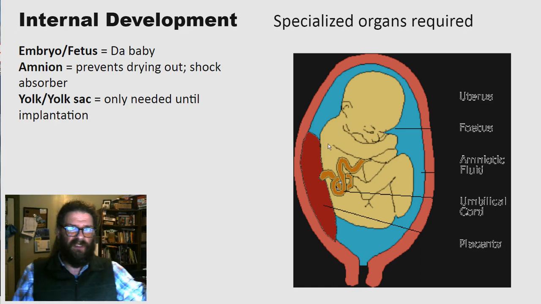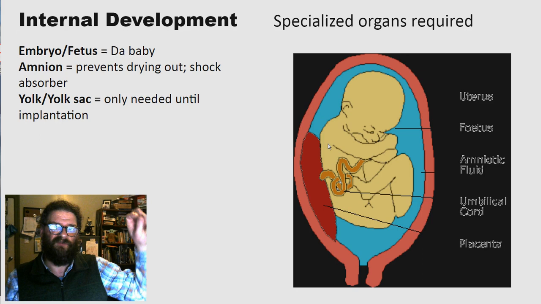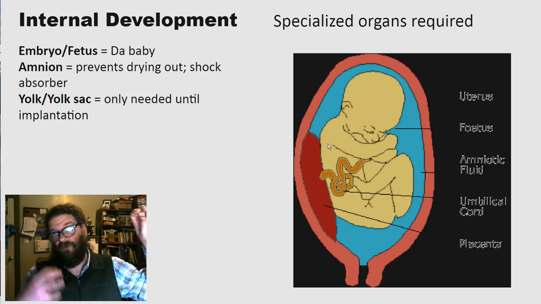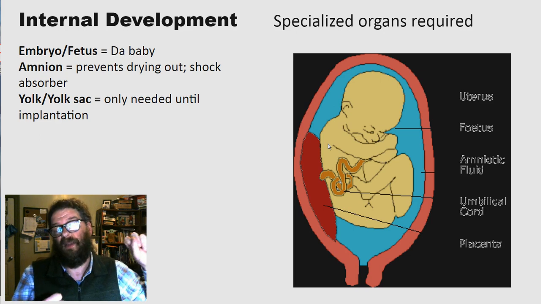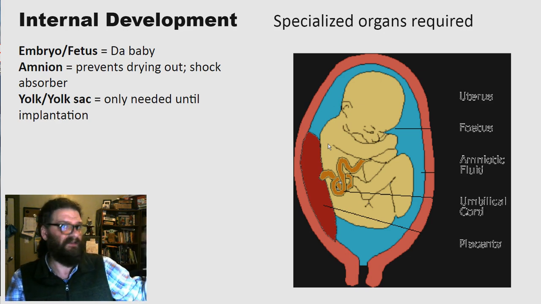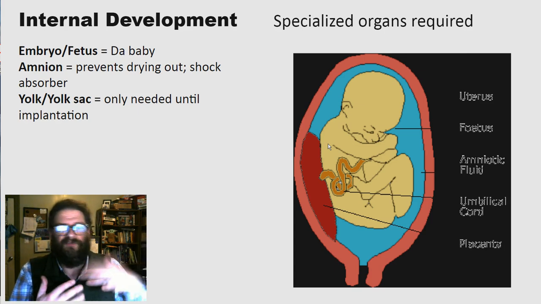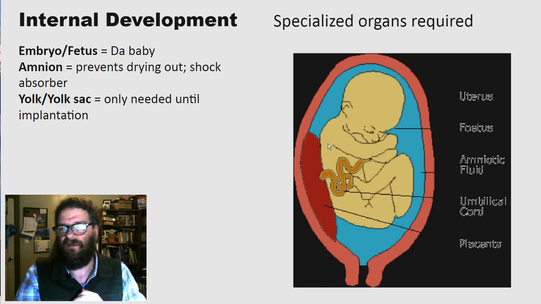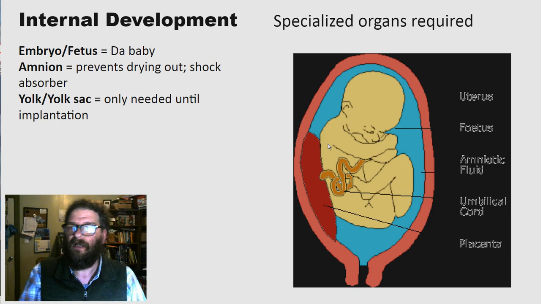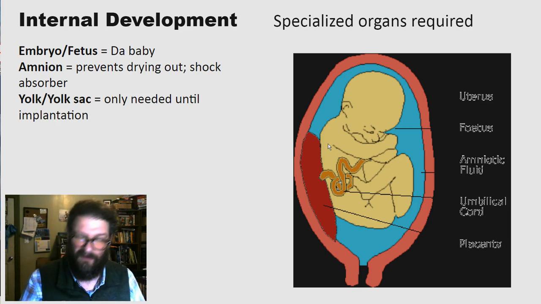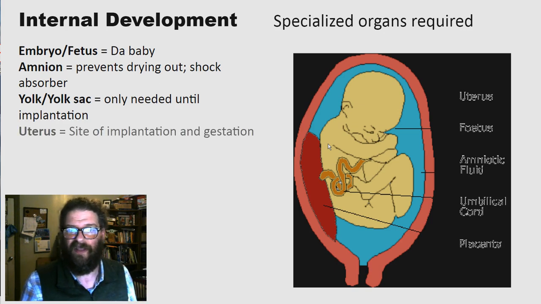But between where conception takes place, where fertilization takes place, hopefully in the oviduct, and the uterus where the embryo is going to implant, it takes some time, we're talking a week or so, or less, to get to the uterus, and that embryo has got to have the resources that it needs. So we talk about external developers packing a bag lunch. We still pack a bagged lunch. It's just for a few days, just a little overnighter type of thing.